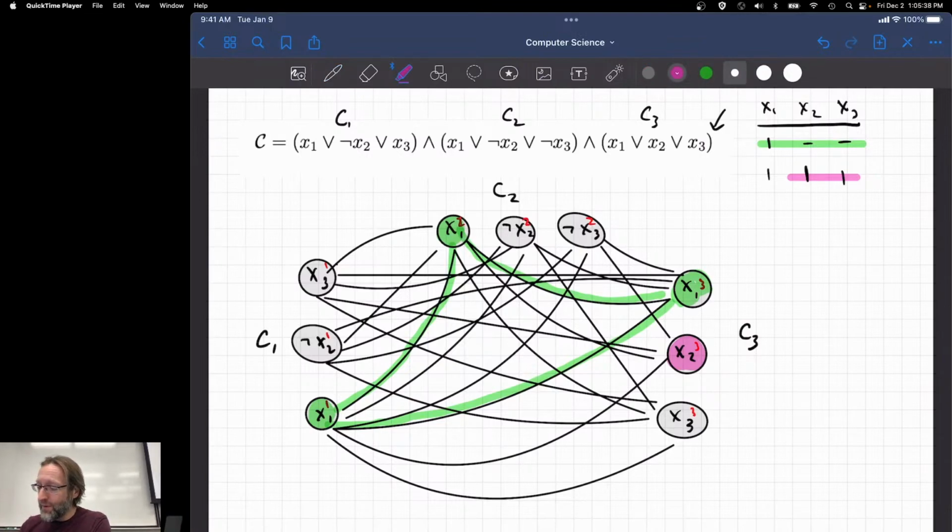So 1 would be, let's see, we can connect over here to this one, right? So that's also involved. And then x2, I already got that in clause 3, and then x3 is 1. So, oh, I have to, sorry, it's not that one. It would be this one, right?